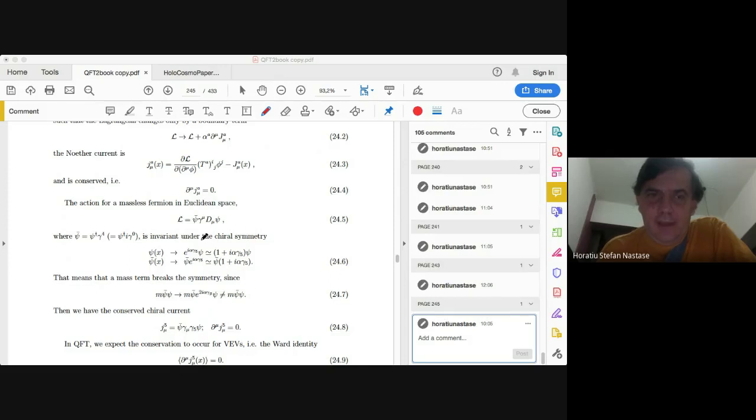And the chiral symmetry is a symmetry where psi of x goes to exponential i alpha times gamma 5 times psi. So in some sense, gamma 5 is the generator of this symmetry.